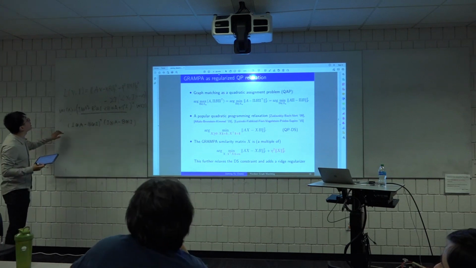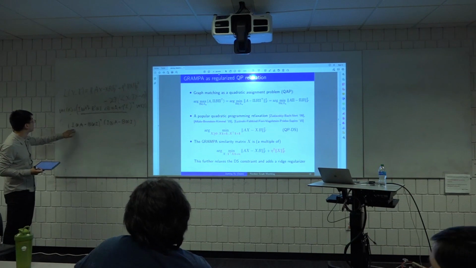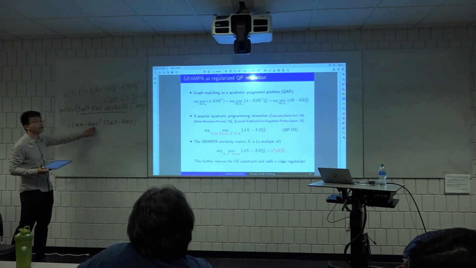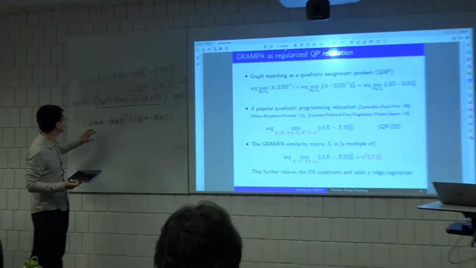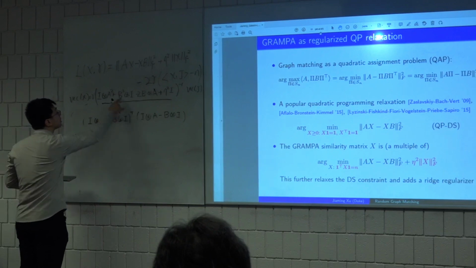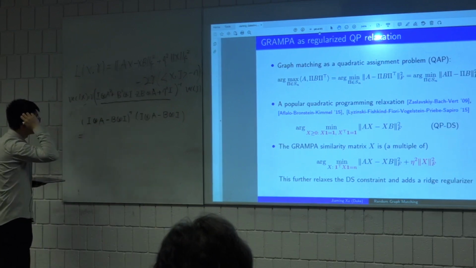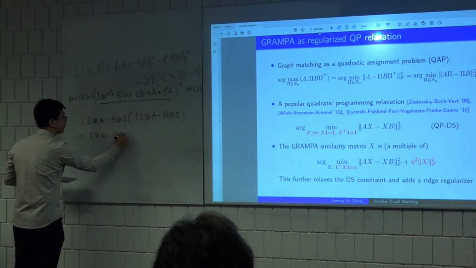Previously I erased that, but I wrote AX minus XB in the vector form as I Kronecker A minus B Kronecker I times the vector of X. And now I want to do the quadratic, so I take this matrix transpose times this. I claim this is the same as this. You take the transpose, it's the same.